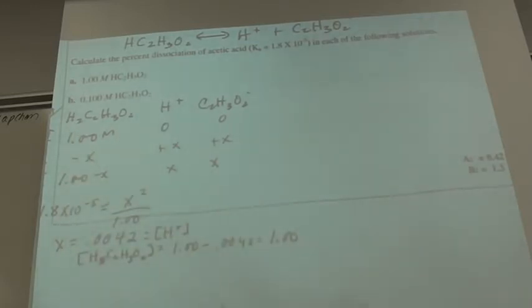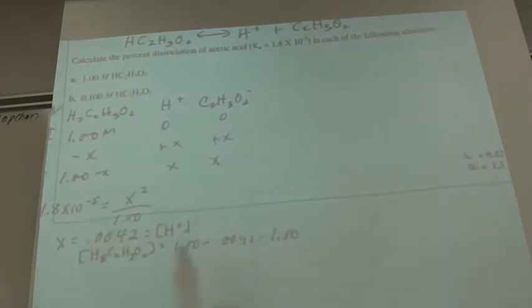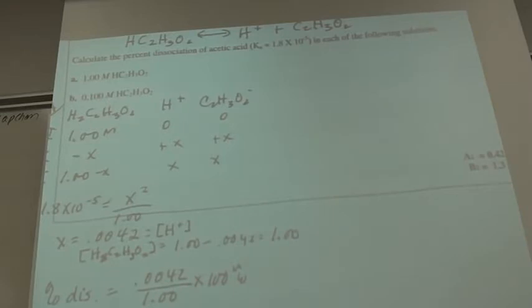You have 3 sig figs here; it's going to get lost in the sig figs. So the percent dissociation is going to be equal to 0.0042 over 1 times 100%, which is equal to 0.42. Very little of it dissociates.